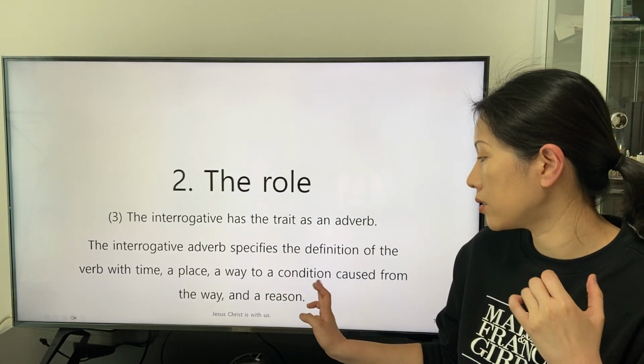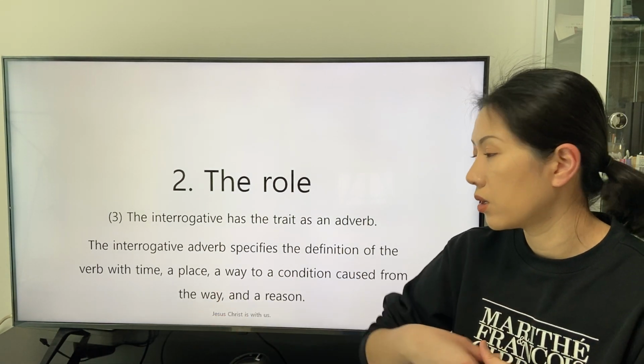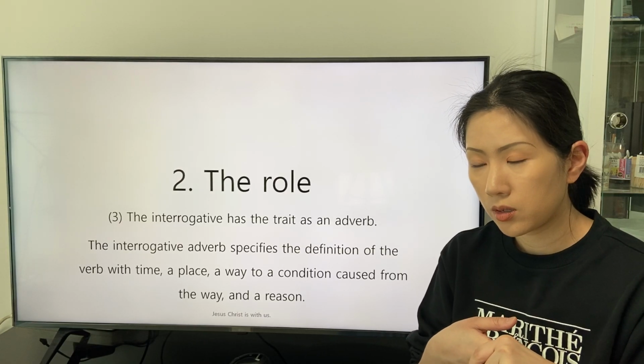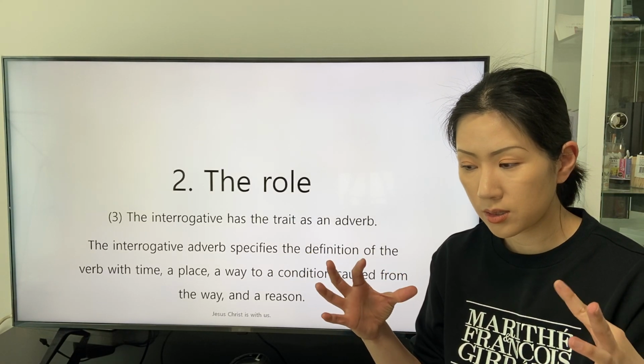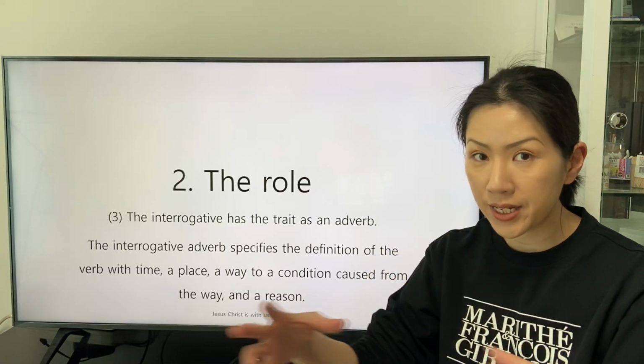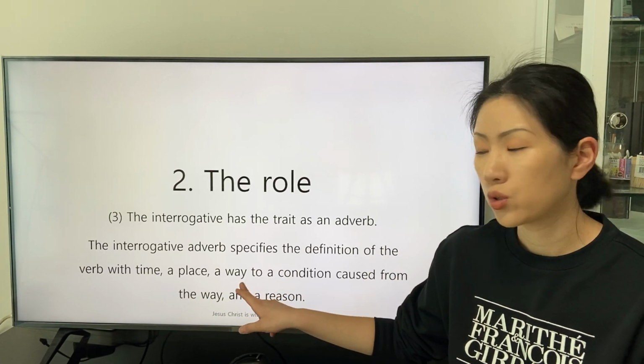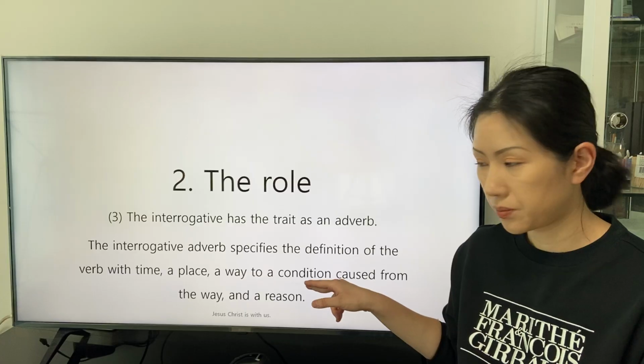There is a statement stated into a range from a way to a condition.